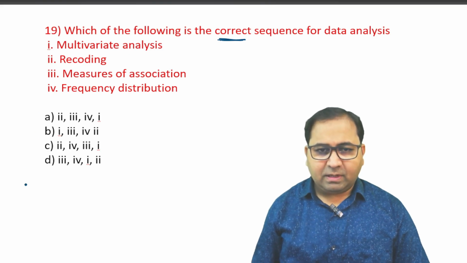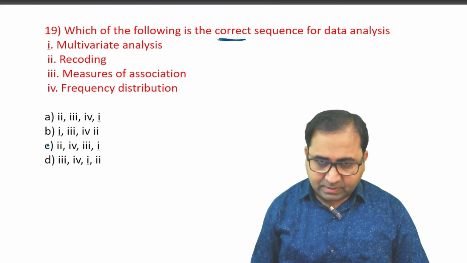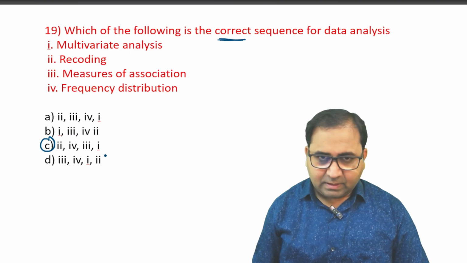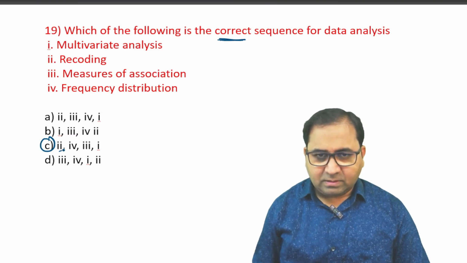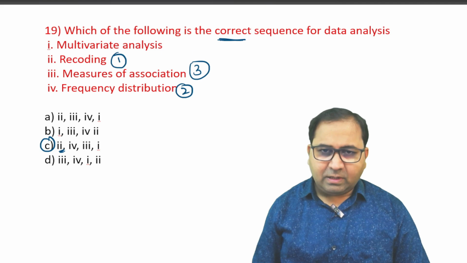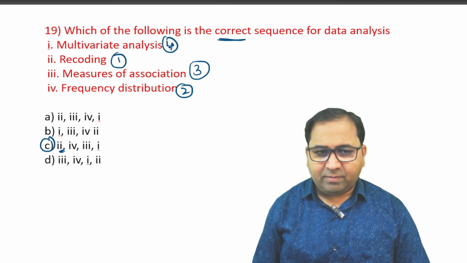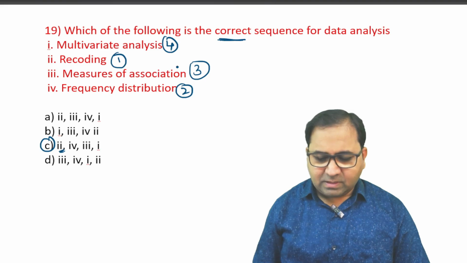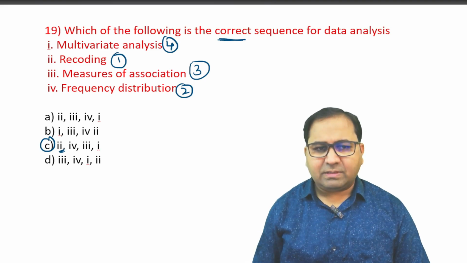Among the options given, the answer for this question is option number C. Option C is what? The second one comes first, that is recoding comes first. Then comes the frequency distribution. Then comes the measures of association. And finally, you will have the multivariate analysis. You have to please remember this answer. We have seen this previously.